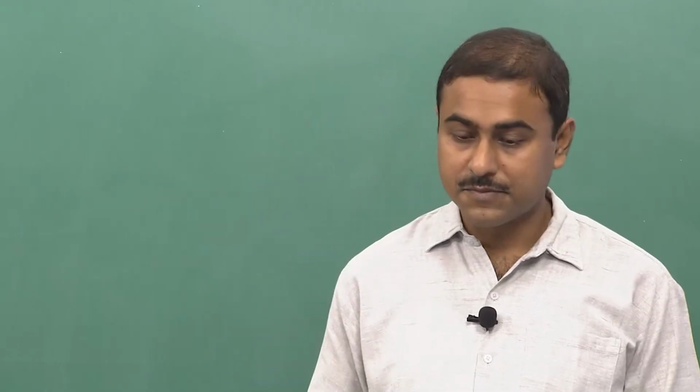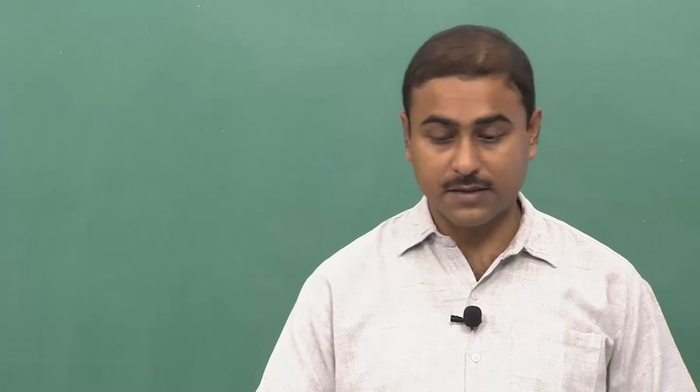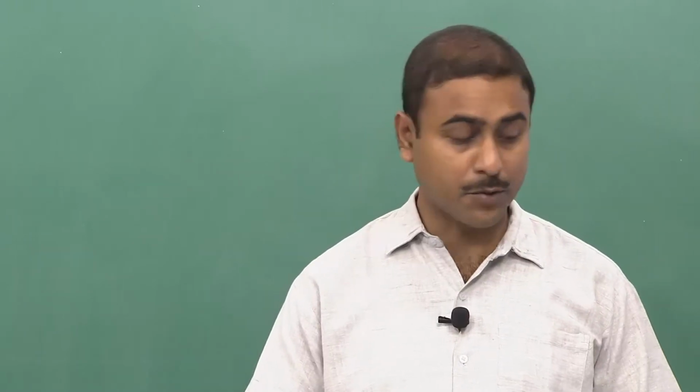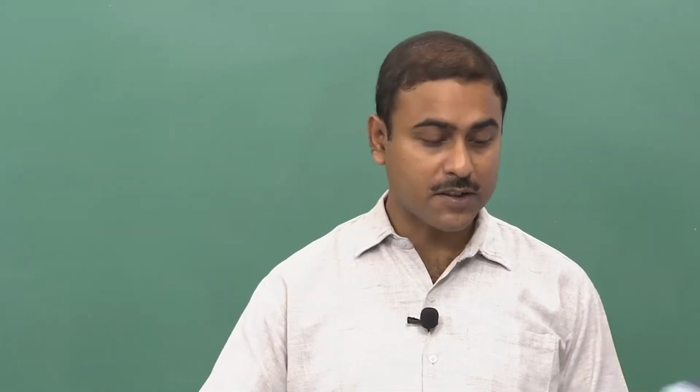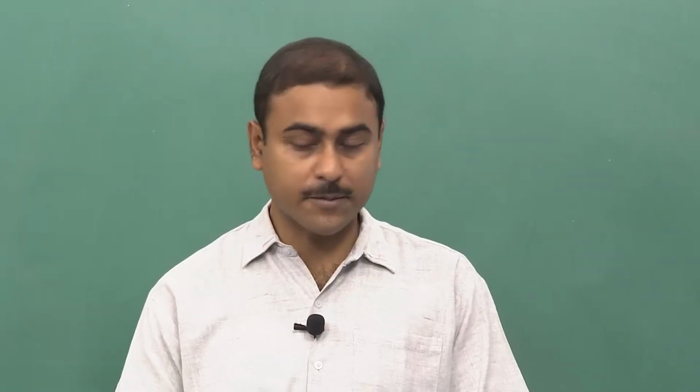Okay. So, now let me show you the instrumentation of the spectrophotometer. The spectrophotometer is an instrument which is used to measure the absorption spectra, and I already explained what the absorption spectra is.